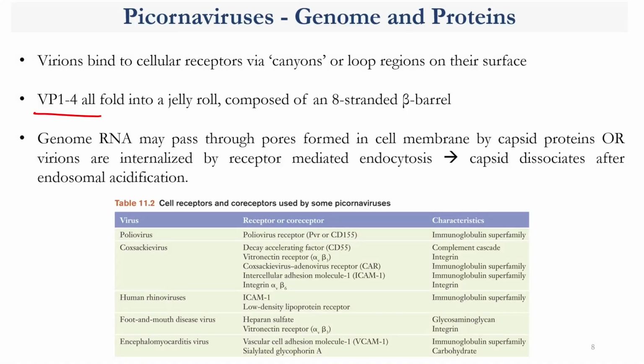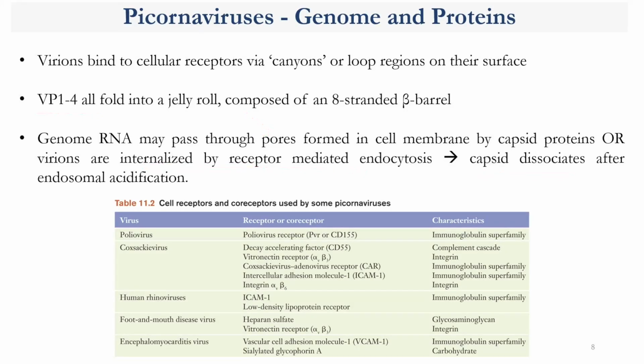Now, the genome itself, it can pass through the pores that are formed in the cell membrane by capsid proteins, or they are internalized by receptor-mediated endocytosis. So they can get in the endosome as well. So either they inject their genome directly from the cell membrane, or they undergo receptor-mediated endocytosis. And the capsid will dissociate after the endosome acidifies, and eventually the genome will go out, okay?